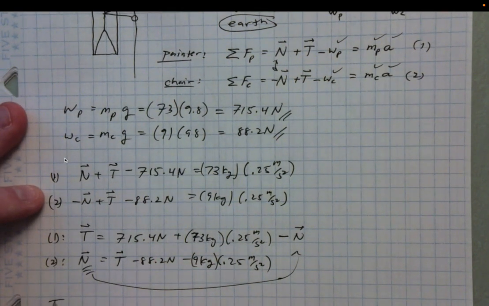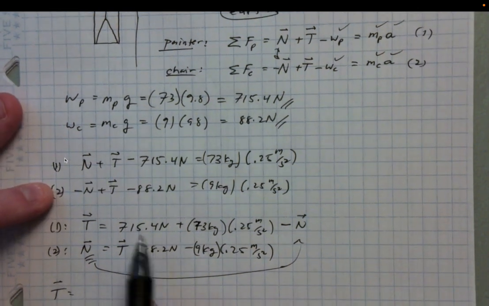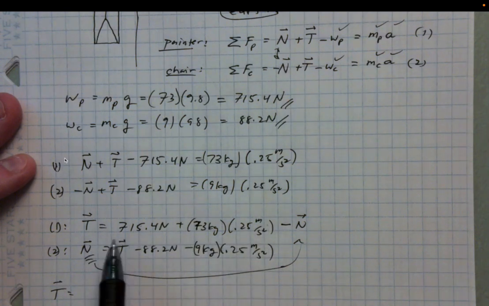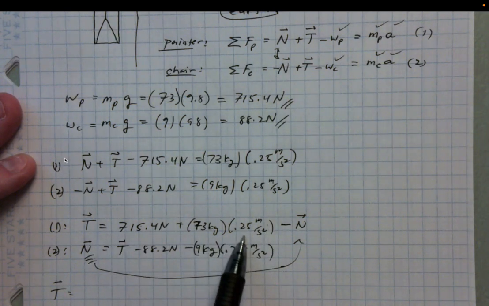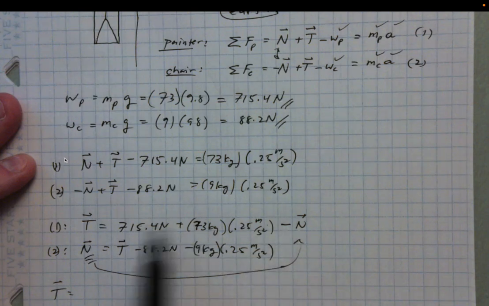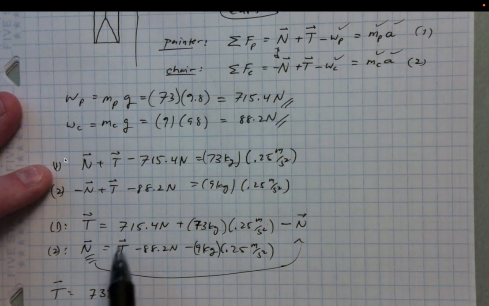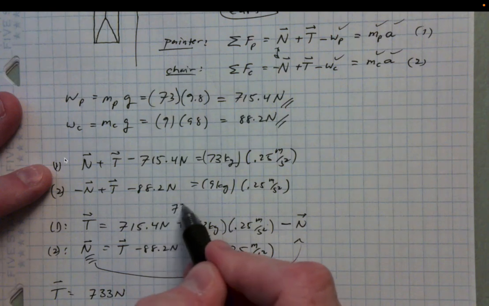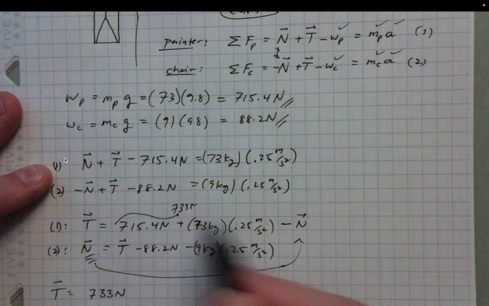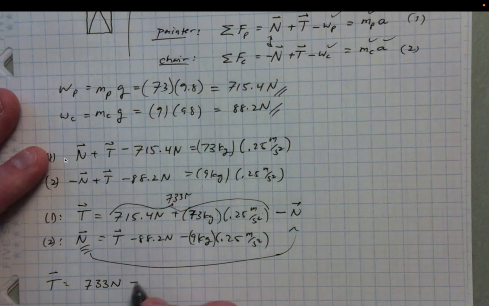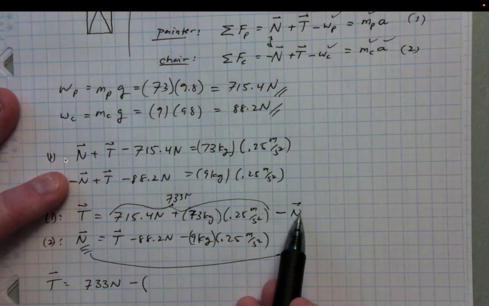All right, so the tension is equal to, so all of this stuff here, 715.4 plus this, that's 824, oh, sorry, no, that's equal to 733 newtons. So I'm just going to write that. Okay, so that's this whole thing. And then minus this normal force, right?